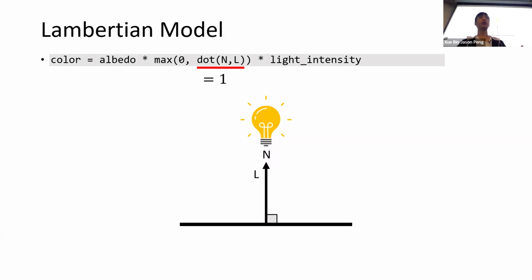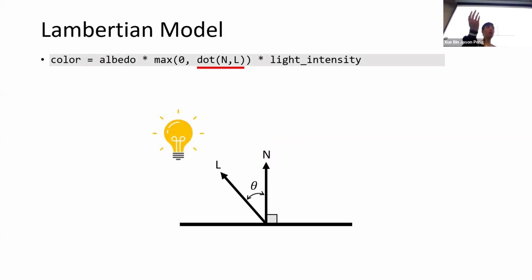So this is going to give us the brightest color. But now as we rotate the surface to point away from the light source, the angle between the light vector and the normal vector is going to increase. And as the angle increases, the cosine of the angle is going to decrease. So it's going to give us some value that's less than 1. And this represents a smaller amount of light that's going to arrive at a particular point as we face away from the light source.